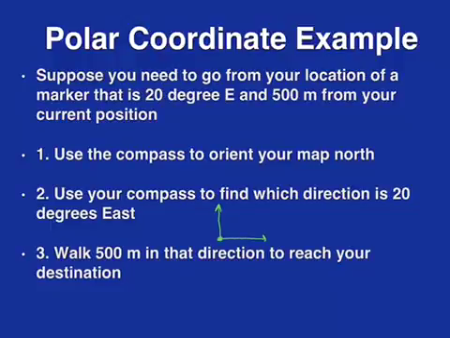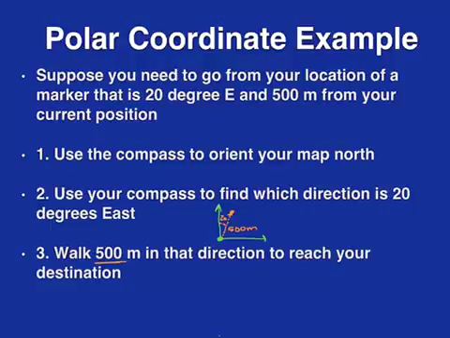So from this point where you're standing, you measure on the compass 20 degrees east, and then you start walking in this direction. And you would need to go the 500 meters on this orange line to get to your desired location.